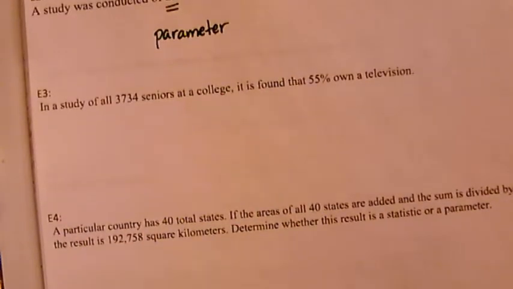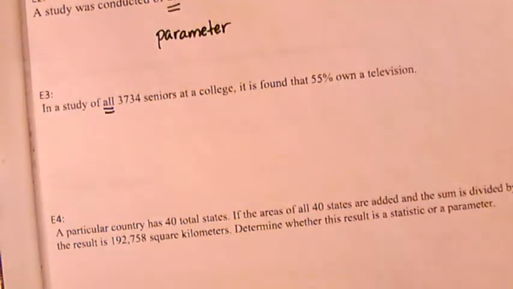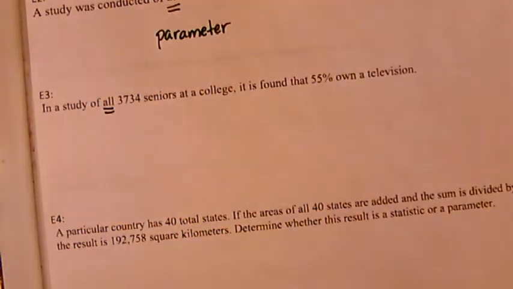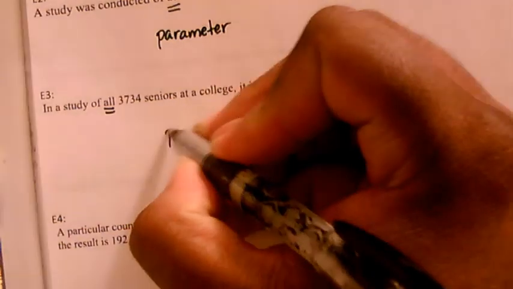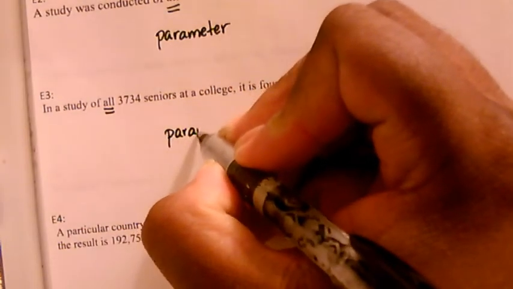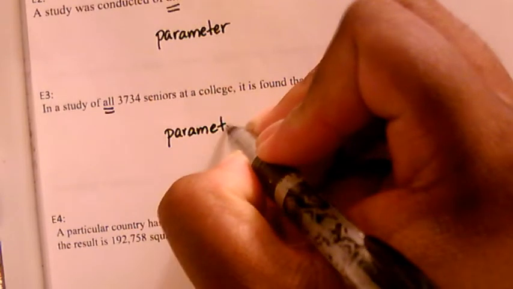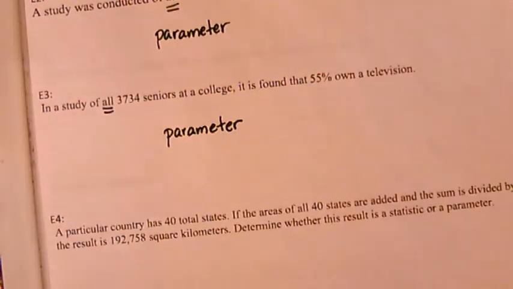In a study of all 3,734 seniors at a college, it is found that 55% own a television. Again, the key word here is all 3,734 seniors at a particular college. So that tells me that particular numerical measurement is a parameter.